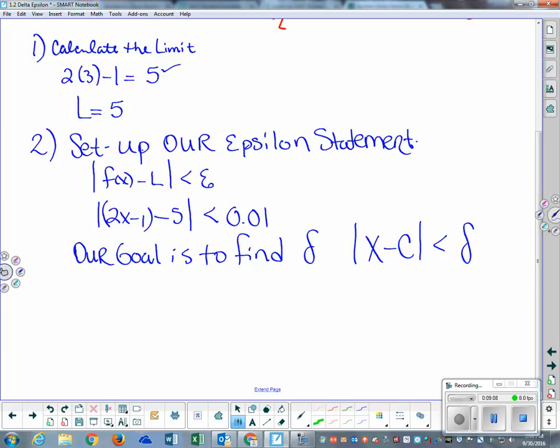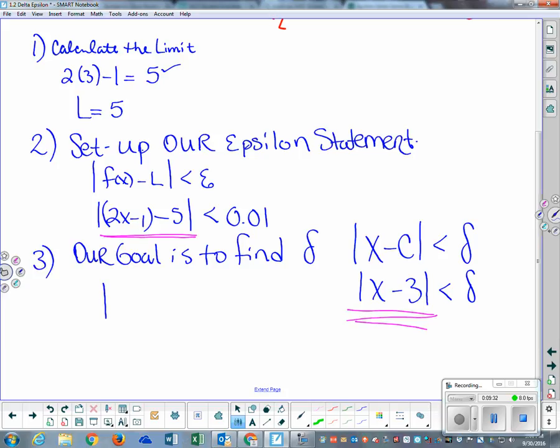And our c value was 3, the limit as x approached 3. So here's what I need to do. I need to make this look like absolute value of x minus 3. If I can do that algebraically, I can figure out delta. So this will be pretty easy, won't it?